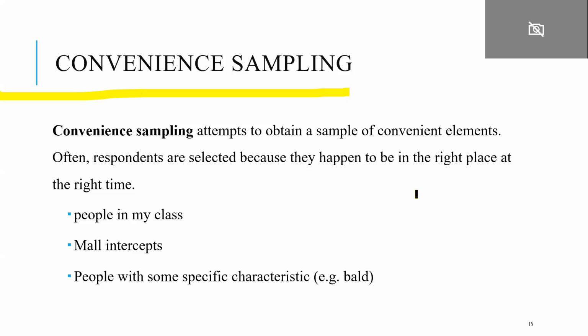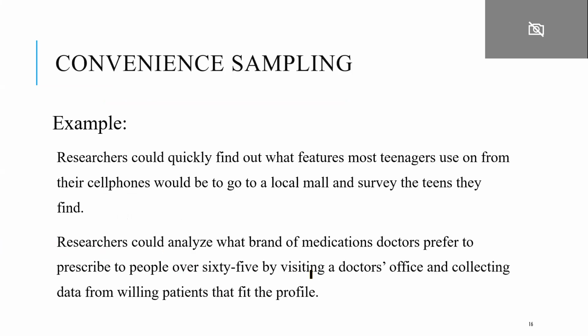They are conveniently available to you. So convenience sampling is mostly based on the convenience of the researcher. People in my class, mall intercept, and people with some specific characteristic, like bald. Those who are very easily available, I will perform the study on them. That is called convenience sampling.